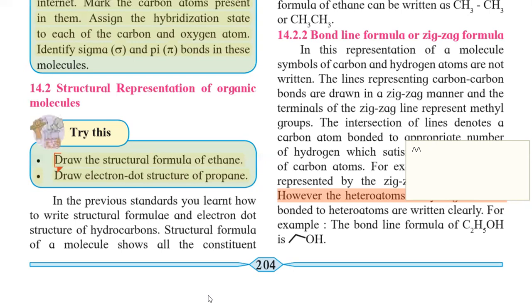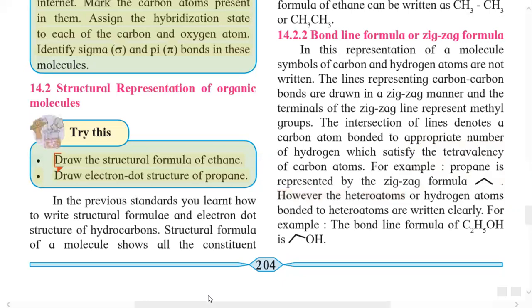So 5 carbon atoms, at each corner of this line there is one atom. So total atoms are 5, and the formula can be read as CH3, CH2, CH2, CH2, CH3. So this is the bond line formula, also called the zigzag formula.